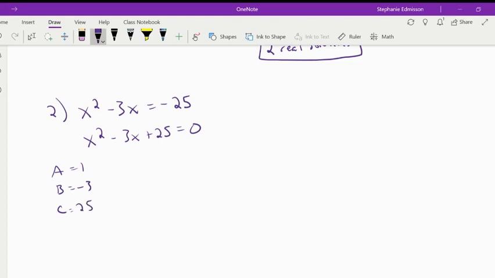Okay, next up, what's my discriminant? Discriminant equals b squared minus 4ac. Okay, my b is negative, meaning I need to be very careful and put it inside of parentheses. -3 inside of parentheses squared minus 4 times 1 times 25.